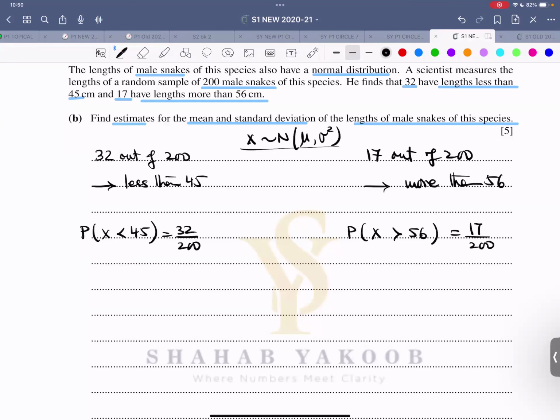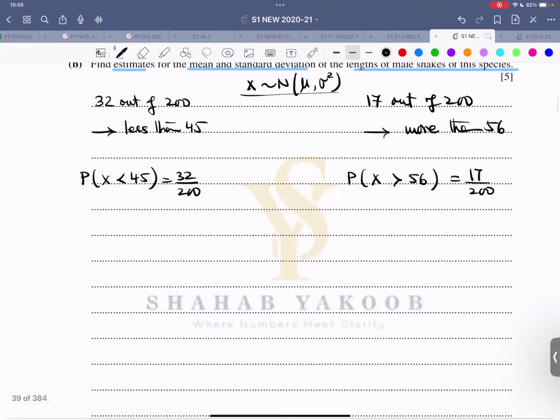Got the idea? Now, 32 over 200 is lesser than 0.5. So what will we do? We will write probability X greater than 45. 200 minus 32, 168 over 200. I have flipped the inequality and subtracted the probability from 1.